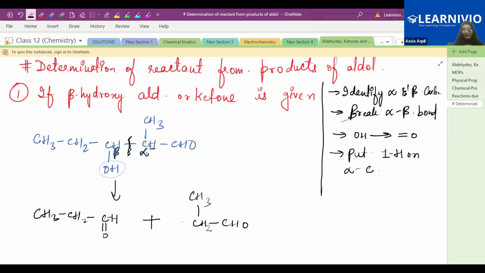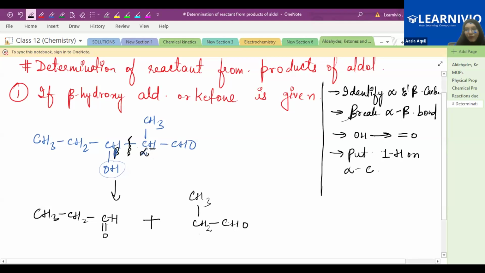And what is this? Can you tell me which type of condensation it is, Muniba? Self or cross? Cross. Why it is cross? Because both the molecules are same. Both the molecules you can check, CH3, CH2, CHO.